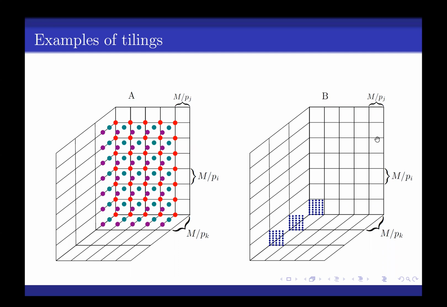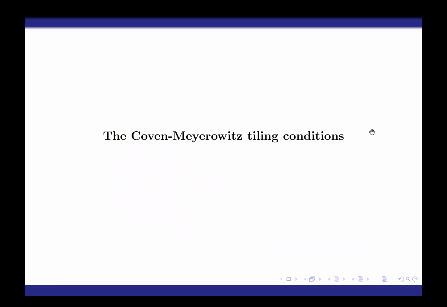Okay, and the same principle applies in the sense that if you start with this lattice structured tiling pair A and B, and you try to mess up one of the sets, then the other set would have to be highly ordered. Okay, so let's talk about the Coven-Meyerowitz tiling conditions.